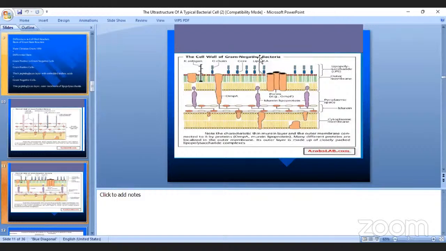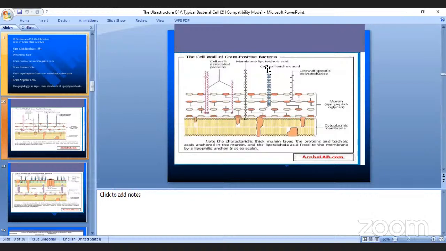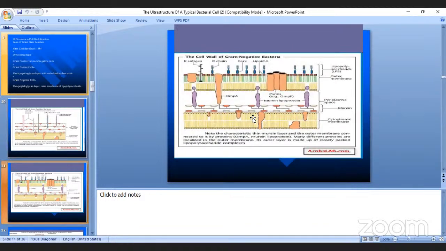But where is the teichoic acid? If you see the earlier slide, here is the teichoic acid. The structure is the same in the positive and negative diagrams, but in positive this structure is present, while in negative there is no teichoic acid. That's it. Is it clear?